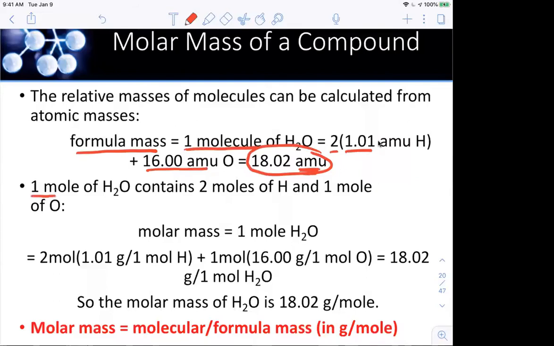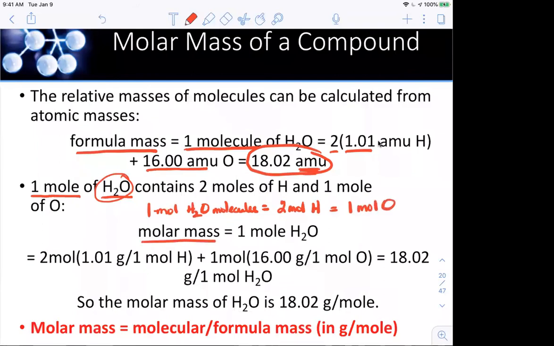If I have 1 mole of water molecules, this formula gives me another set of conversion factors. For every 1 mole of H2O molecules, I have 2 moles of hydrogen and 1 mole of oxygen.